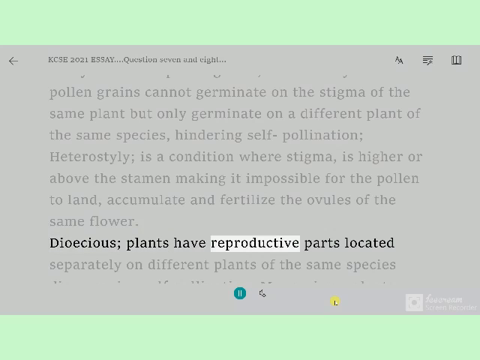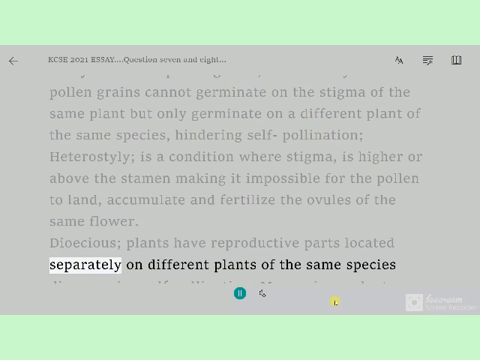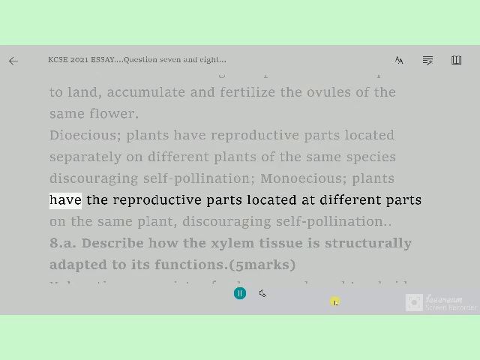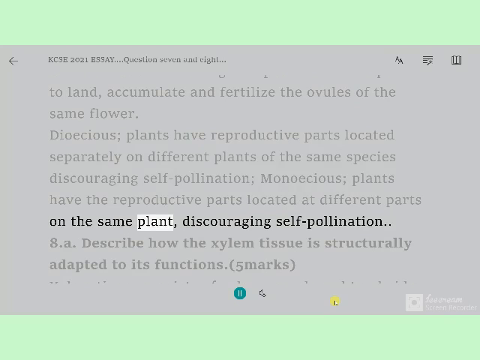Dioecious plants have reproductive parts located separately on different plants of the same species, discouraging self-pollination. Monoecious plants have the reproductive parts located at different parts on the same plant, discouraging self-pollination.